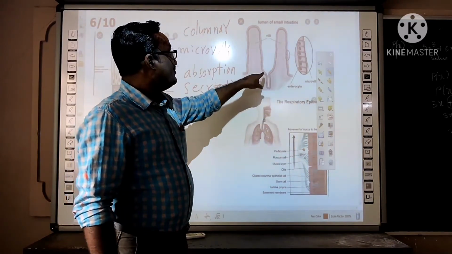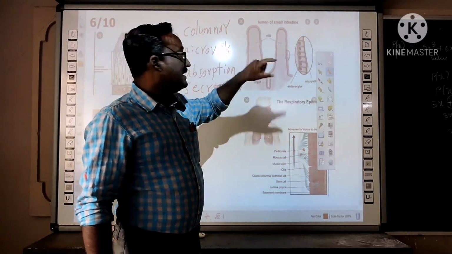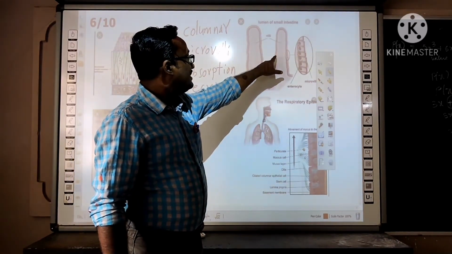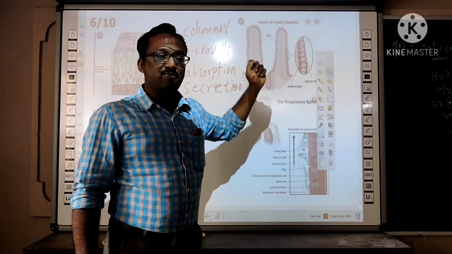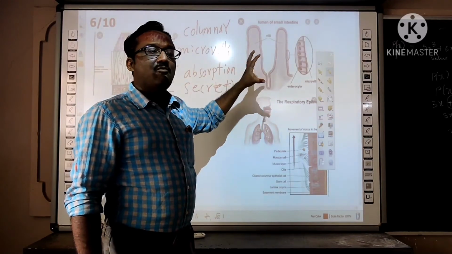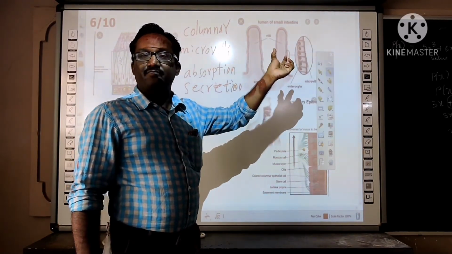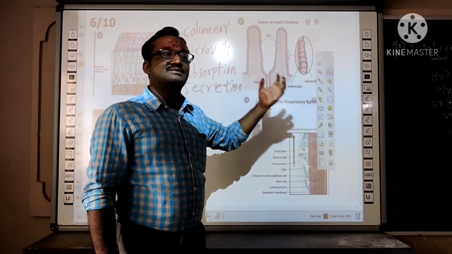These villi are made of columnar epithelium. Again, each cell in the villi has microvilli, small hair-like projections. These move the food particles and increase the surface area, and thus they enable absorption.